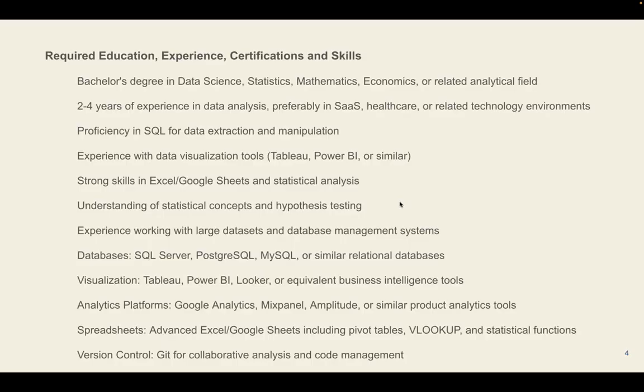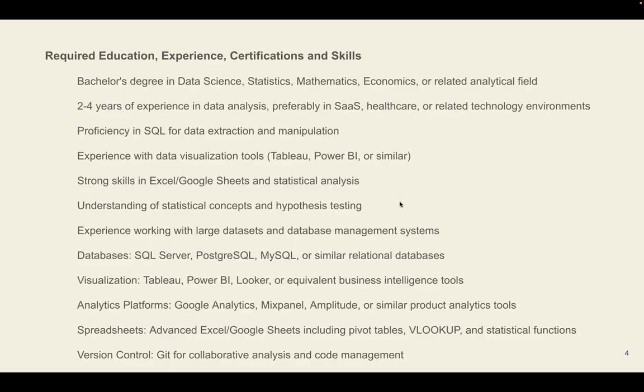The required education, experience, certificates, and skills is a bachelor's degree in data science, statistics, mathematics, economics, and related analytic field. 2 to 4 years of experience in data analysis, preferably in SaaS, healthcare, or related technology environments. Proficiency in SQL, like I was saying earlier, Structured Query Language, for data extraction and manipulation, and experience with data visualization tools.